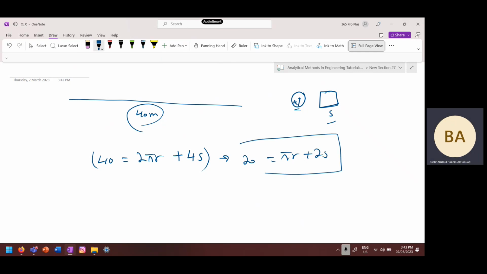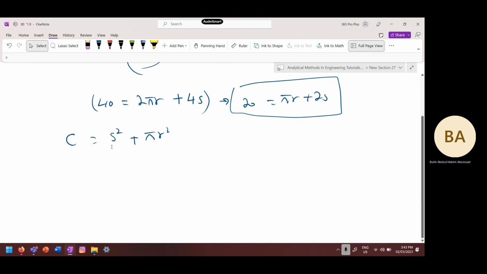Okay, this is our auxiliary function. As for our cost function, you're required to find the best values for r and s to find the maximum or the minimum area. So the cost function is the summation of the areas. The area of a square is s squared, and the area of a circle is pi r squared.